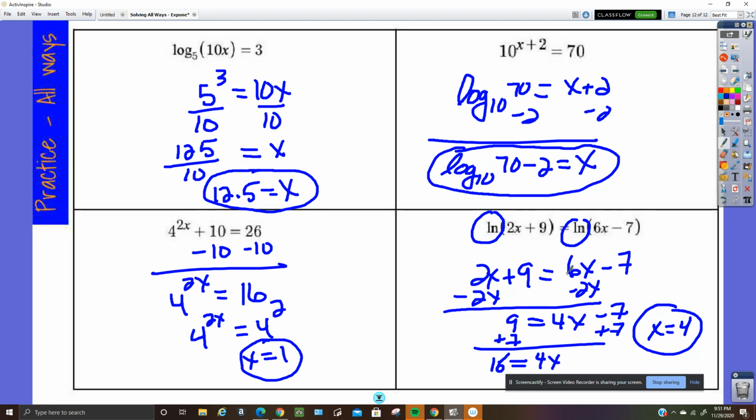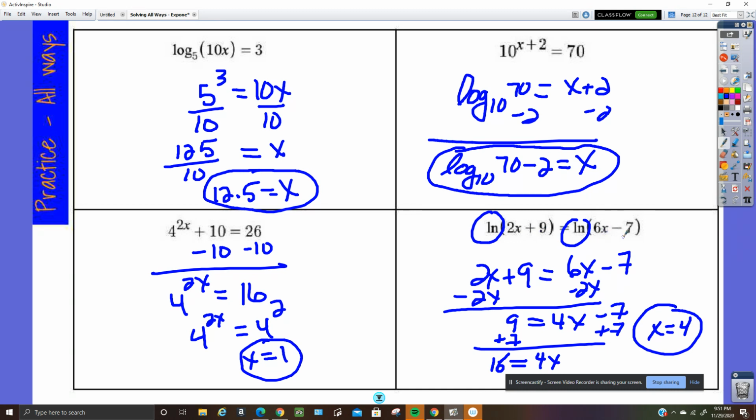That doesn't check. Wait, something went wrong here. 2x plus 9. Subtract 2x. Add 7. If I plug a 4 in here, it's 8 plus 9 is 17.